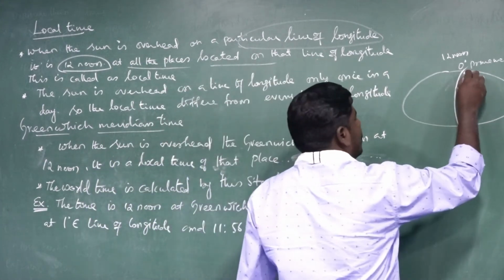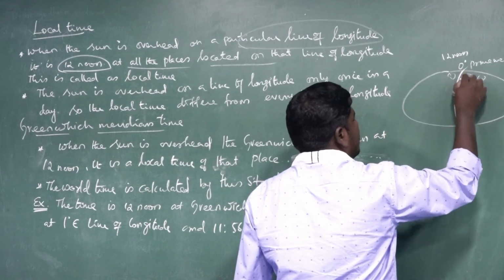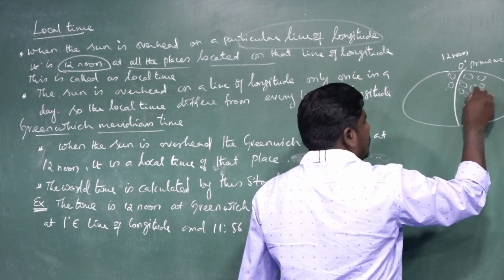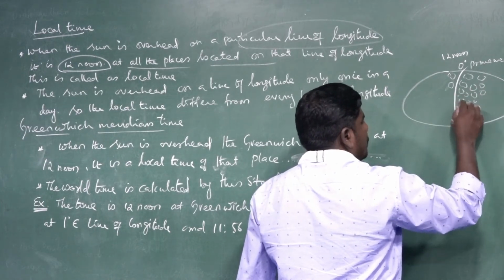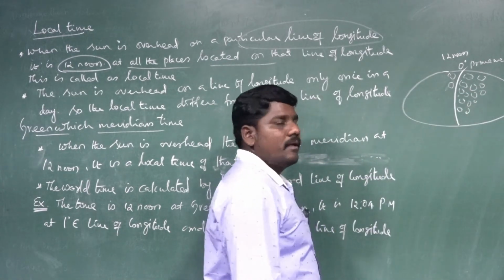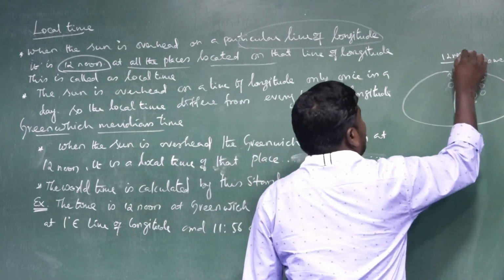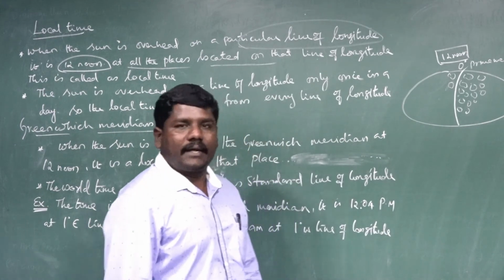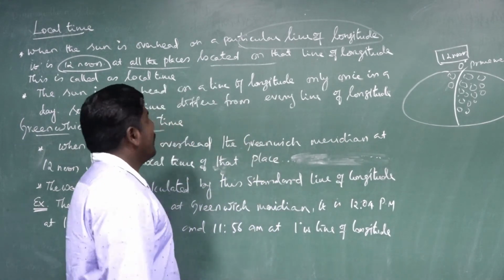The line of longitude passes through different countries, and in all these places it is 12 noon at the same time. That is called local time.